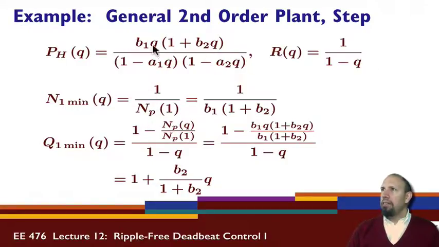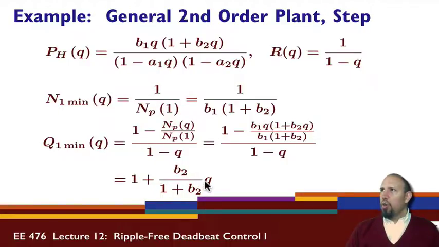So here's NP, evaluating that when Q is equal to 1, I get this expression. And again, that's just a constant. Q1 min is given by this expression. We know what NP is, it's all that stuff. Divide by NP of 1, so this is what I get. And when I go through and do polynomial division in all of this, I get this expression.